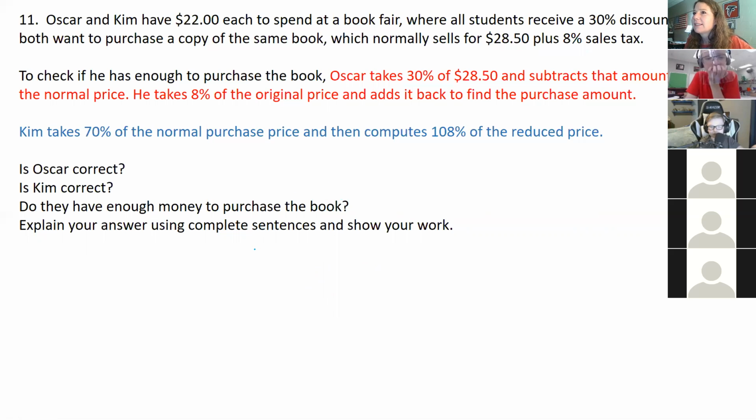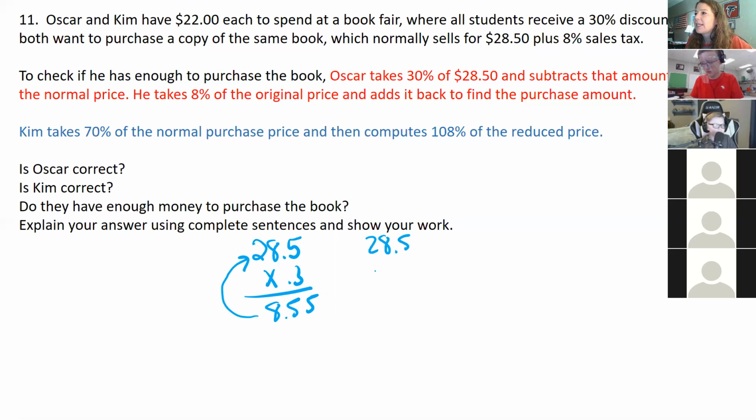All right, so Oscar takes 30% of the original price of the book, and he gets $8.55, okay? It says then he subtracts that amount from the normal or the original price. So he takes $28.50 and he subtracts $8.55 from it.